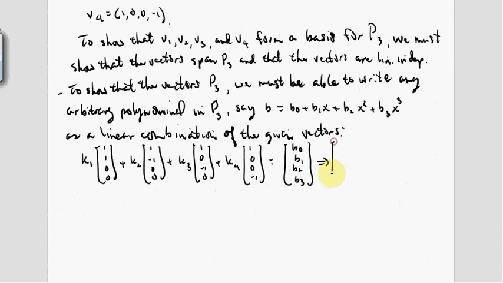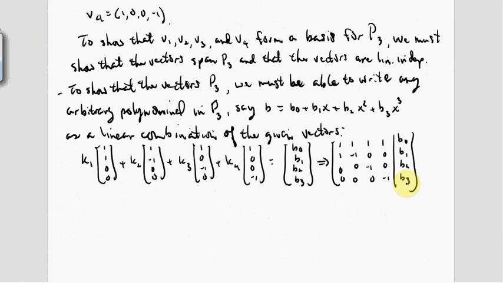This implies that the system that we get is 1, 1, 0, 0, 1, negative 1, 0, 0, 1, 0, negative 1, 0, 1, 0, 0, negative 1. Here, b naught, b1, b2, and b3.